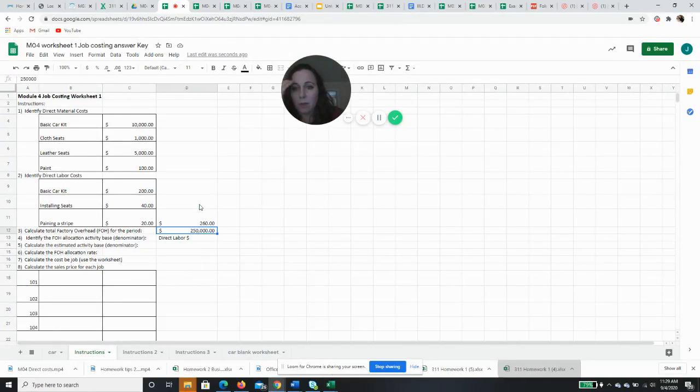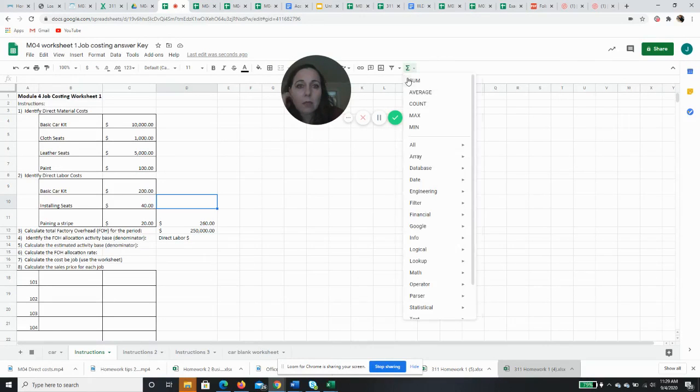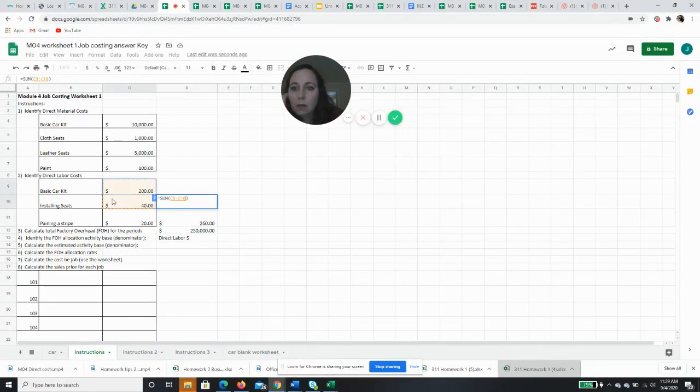Without the racing stripe, my costs are $240 per car, okay? So the only difference in my direct labor dollars per car is whether or not I have the racing stripe. They all get the basic car kit, and they're all going to have seats because nobody's going to buy a car without seats.